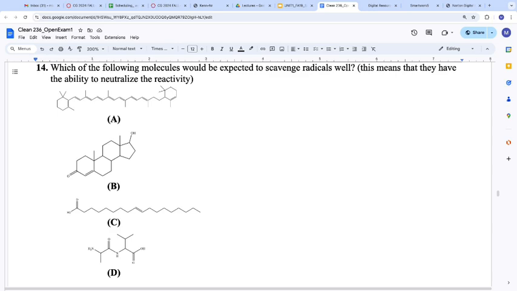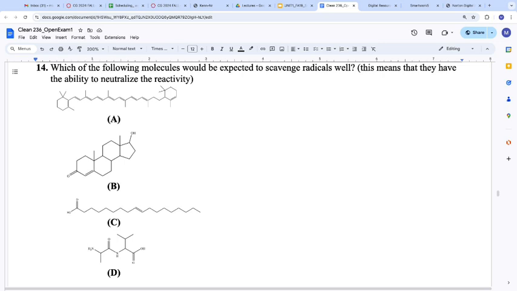Right? When we talk about radicals, if I want to scavenge them, what I'm trying to do is grab them and hold them, right? Neutralize the reactivity. Well, if I just have that single electron sitting on a single atom, does that neutralize the reactivity? No. What do I want to do? Allow that electron to move.